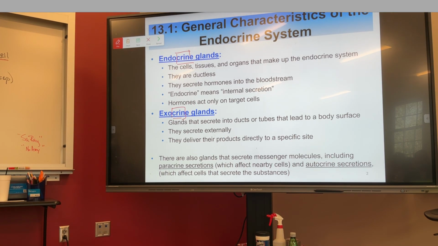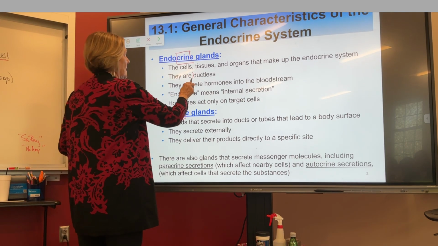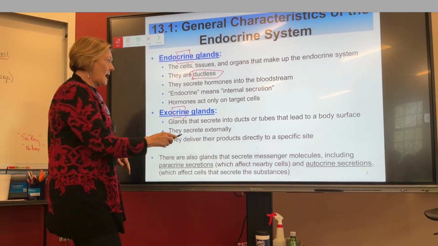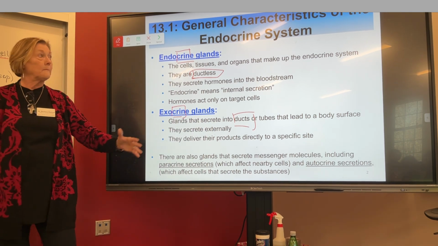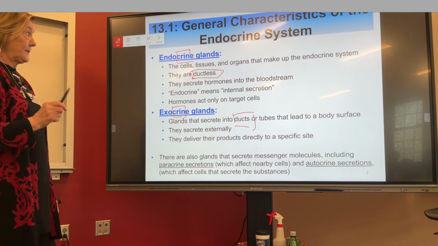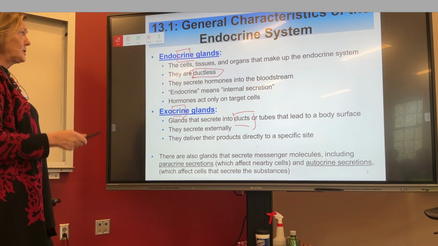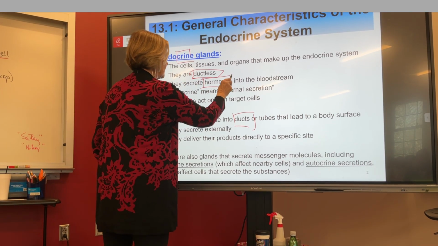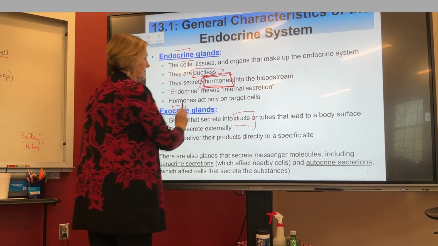So let's look at some key words and compare. Ductless, so no ducts. Ducts, okay. This is extremely important. Endocrine gland secretes hormones. You must know that.